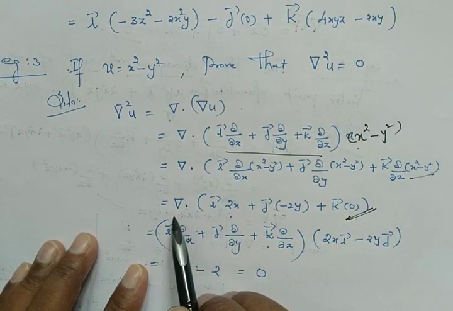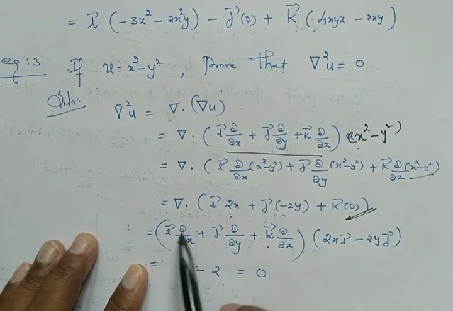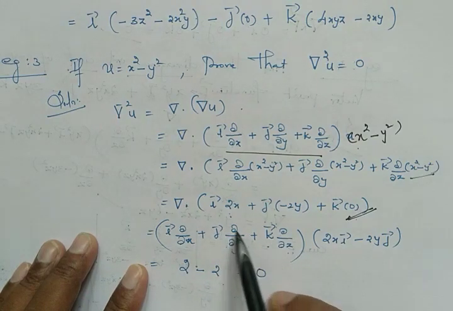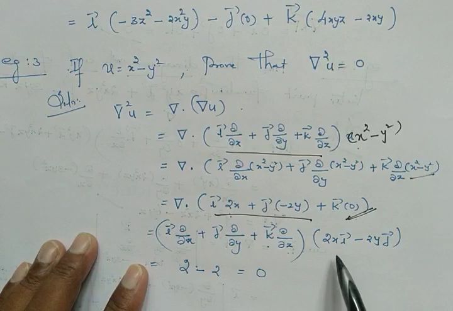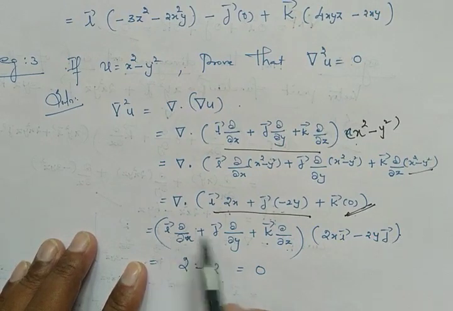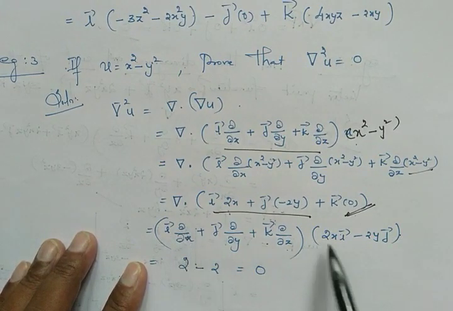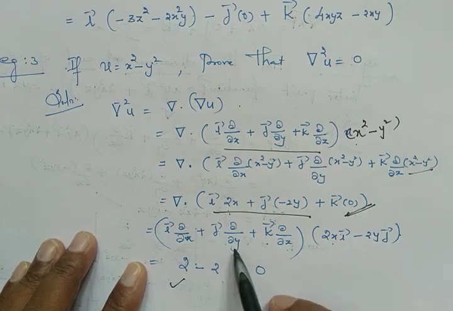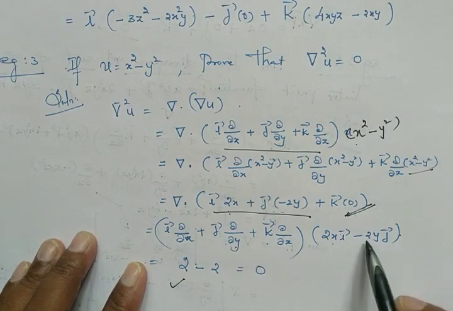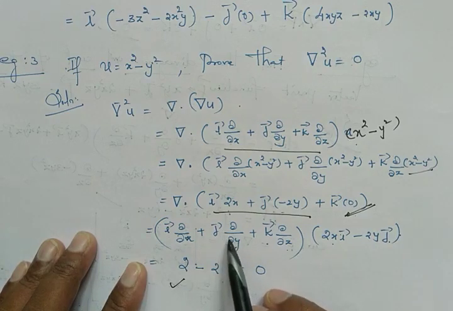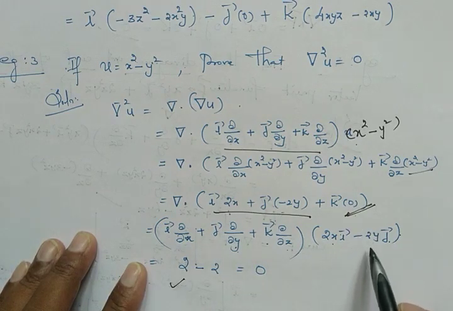Again you do that with del. The del value is i ∂/∂x plus j ∂/∂y plus k ∂/∂z. Of the remaining terms you are getting 2x i vector minus 2y j vector. Again you multiply with the inside: i dot i gives ∂/∂x of 2x, and differentiation of 2x becomes 2. Then j dot j becomes 1, therefore you differentiate partially with respect to y of minus 2y, and you get minus 2.